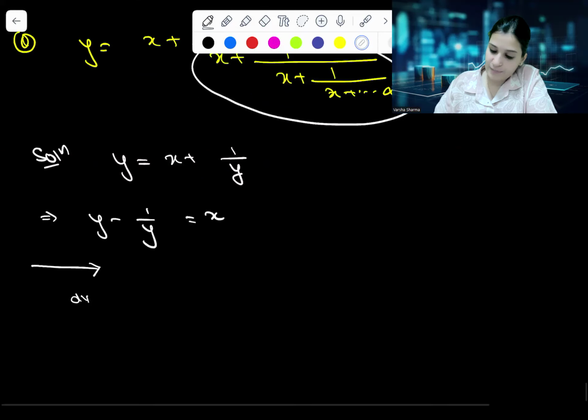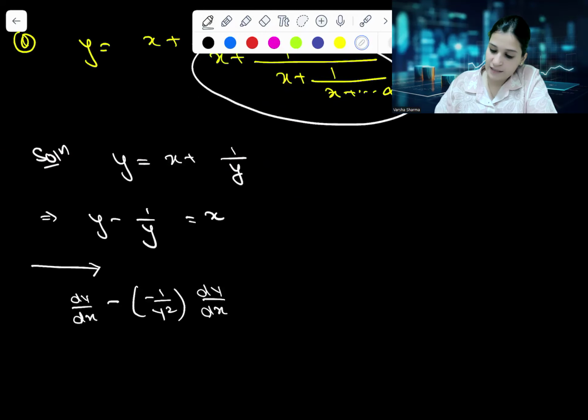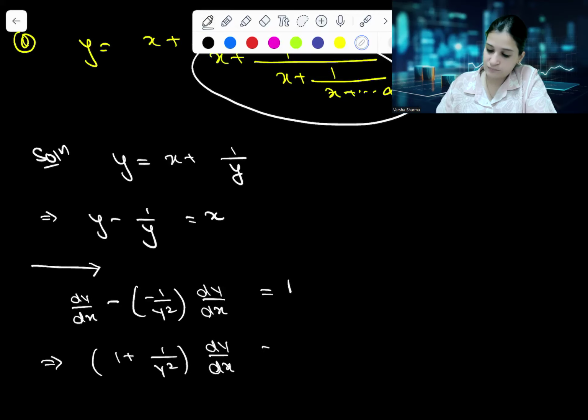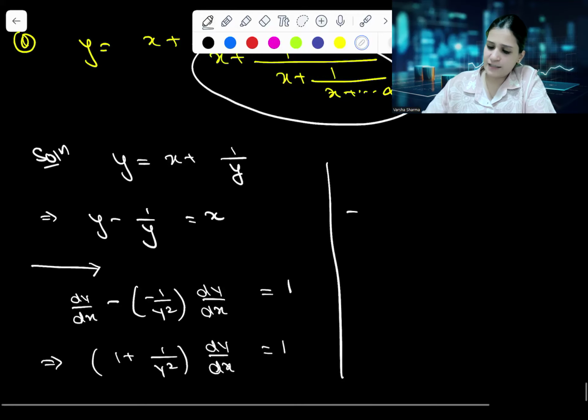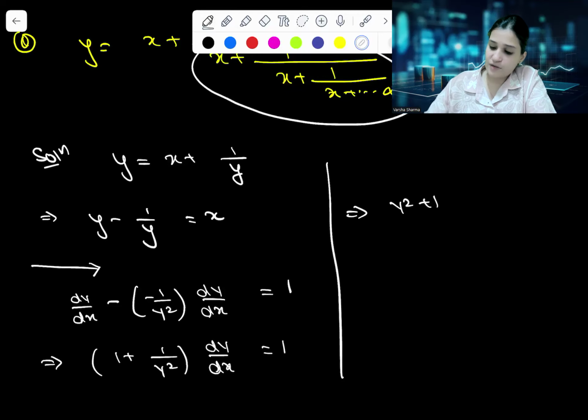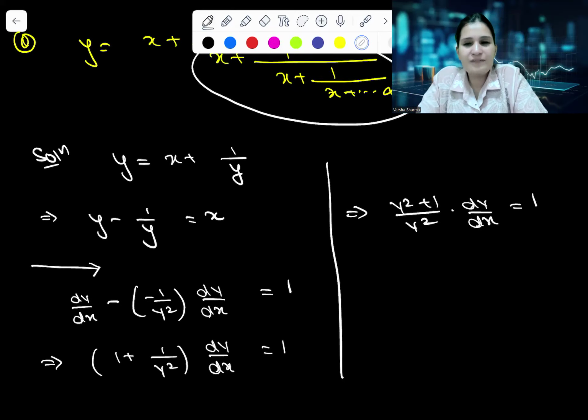Y becomes dy by dx, 1 by y is minus 1 by y squared dy by dx, x is 1. Taking dy by dx common, 1 plus 1 by y squared. You can leave it here or just take LCM: (y squared plus 1) by y squared dy by dx equals 1. You can leave at any step.